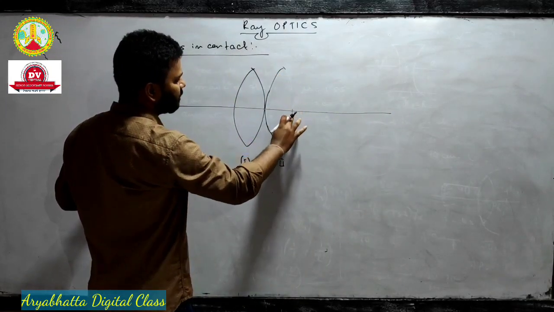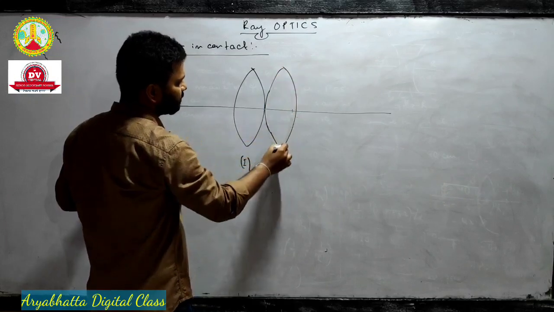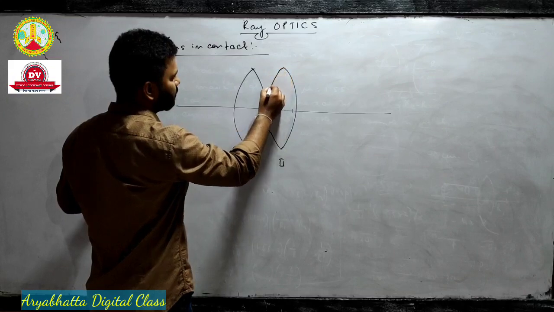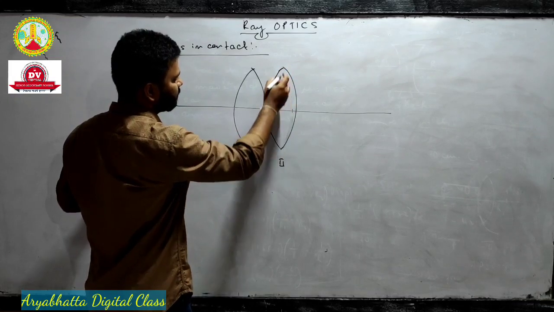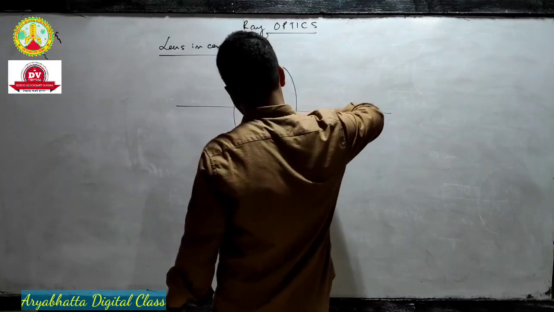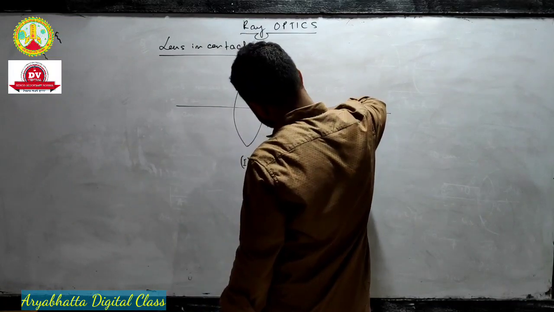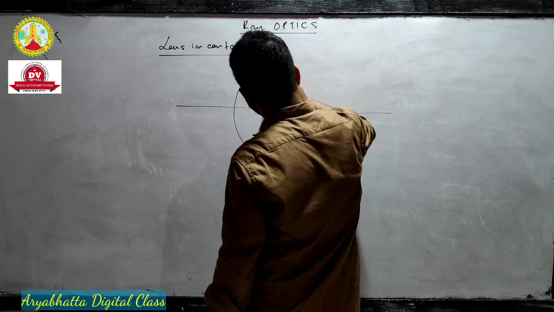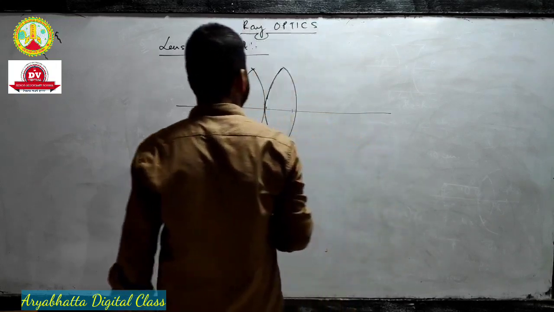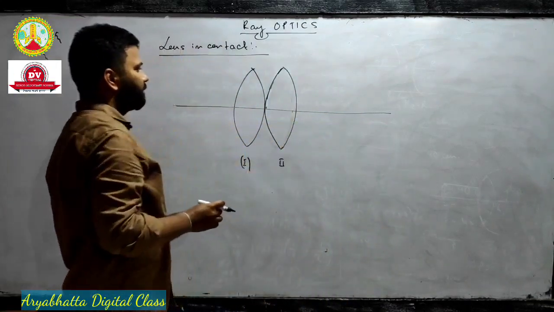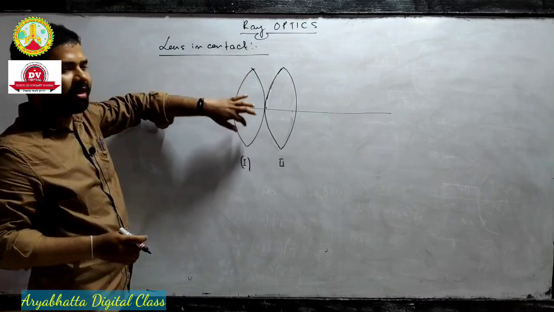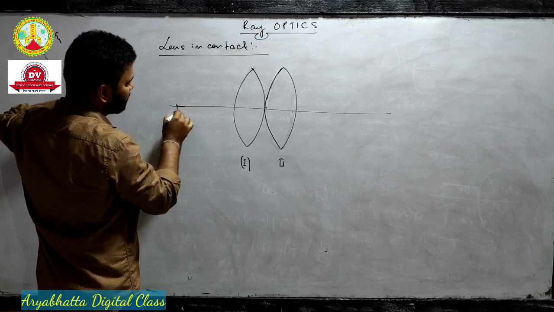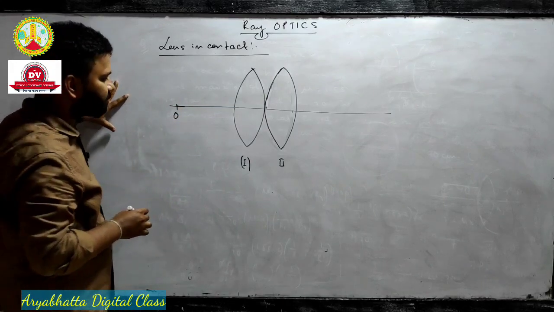The diagram has to be good, no? Okay, so one lens, this is the other lens. This one is, suppose, the object at this location.